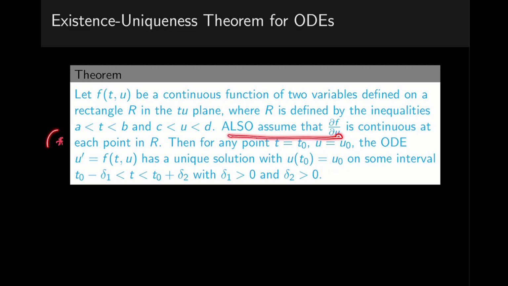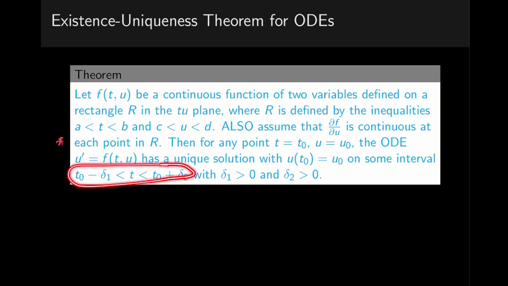And I have a little asterisk here to make sure that I explain to you why that's the case. But for right now, just go along with me, okay? You can take these to just mean this is a nice function on the right-hand side. Okay, it's got to be nice. Then at any point t naught, u naught, the differential equation has a unique solution with this initial condition on some interval.